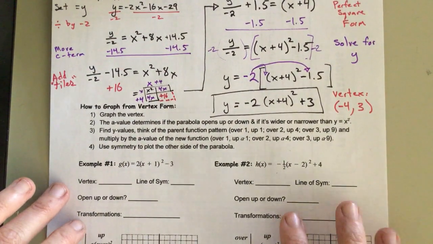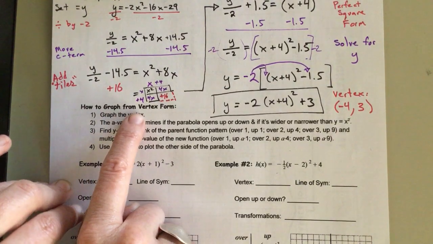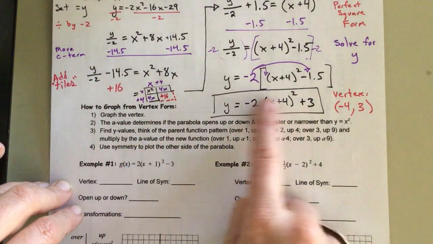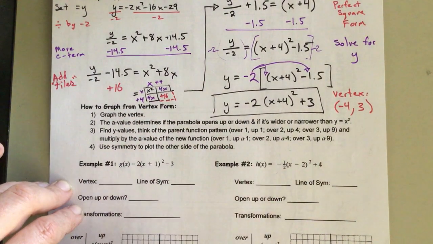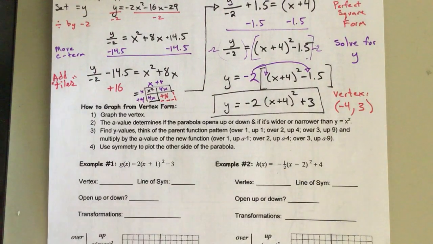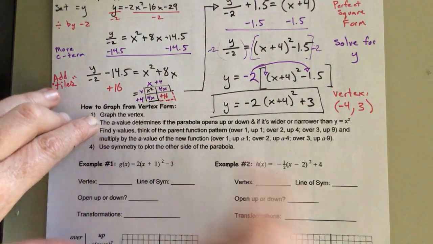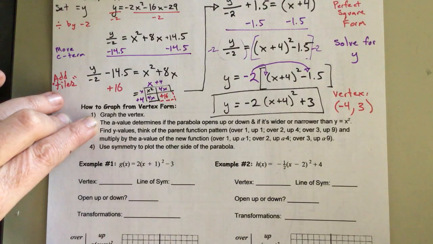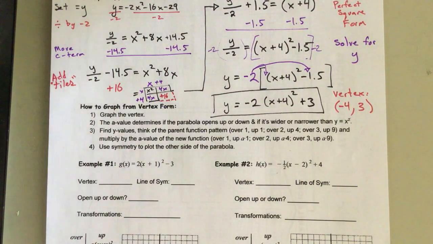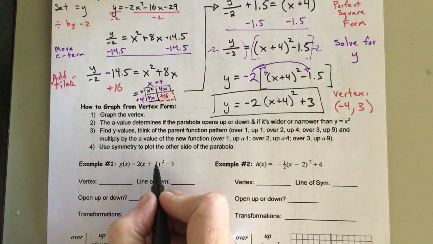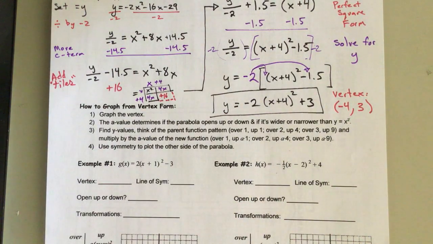So down here, we're now going to look at how to graph from vertex form. So if you have something in vertex form, like these two examples, what the heck do you do? Well, we start by graphing the vertex. And our vertex in this situation right here is, I'm going to mark it right here.